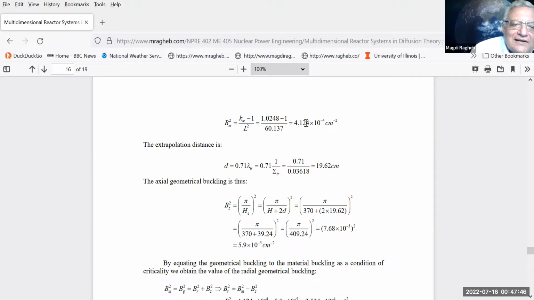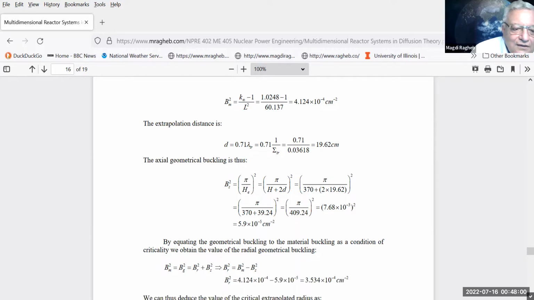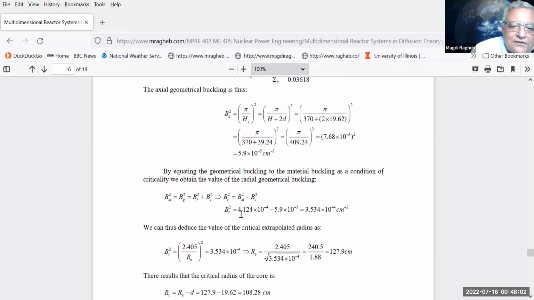So what is the buckling now in the r dimension? It's really the total buckling minus the buckling in the z dimension, and we get in that case the buckling in the radial dimension.